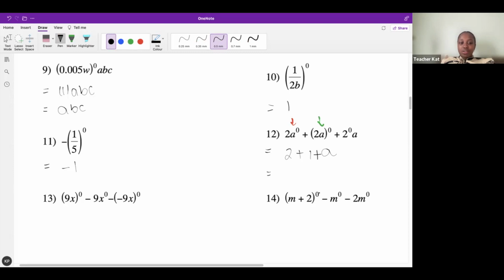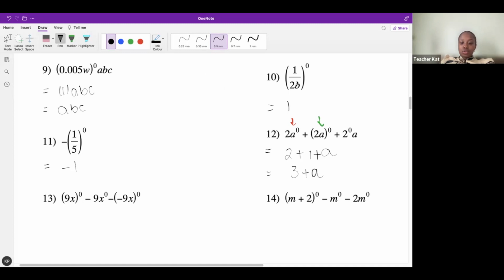What does 3A mean? It means 3 times A. Are we timesing 3 with A in this case? Look carefully. You must be careful. This is 3 plus A, which is not the same as 3A.